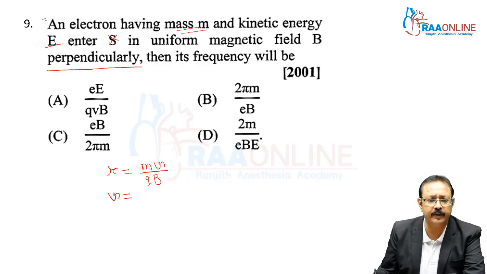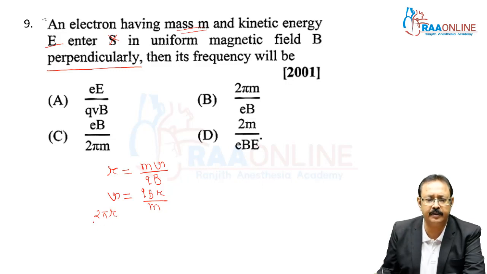We can calculate with the help of this relation also. In this relation, it is qBR by m. But speed is equal to distance upon time. In one cycle, it will complete its whole circumference.